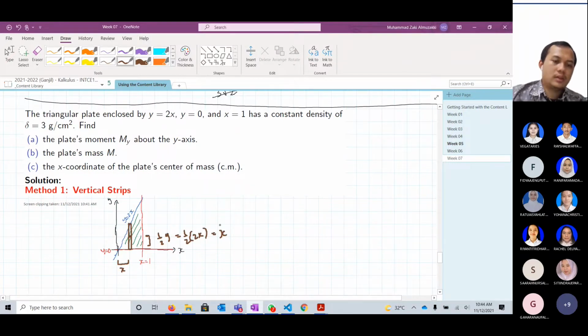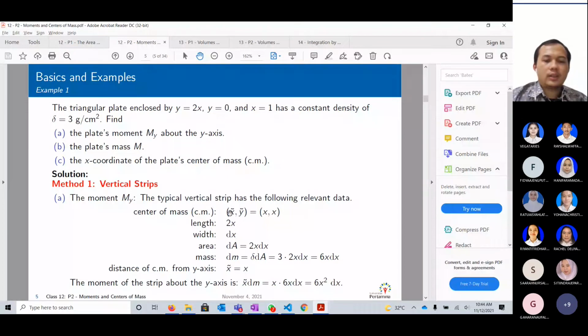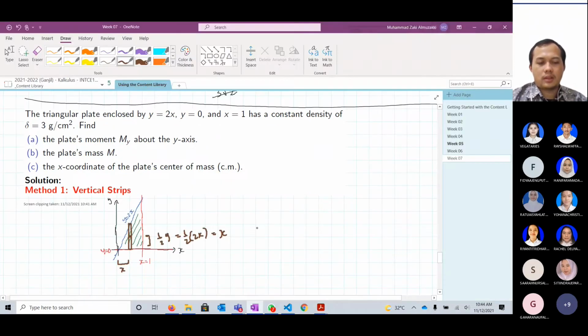So the center of mass x tilde, y tilde is x comma x.